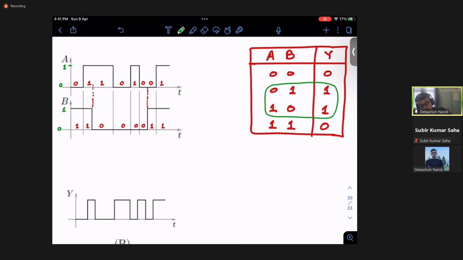It will be 1. And when both are 0 or both are 1, it will have 0. So the output will be 1, 0, 1, 0, 1, 0, 1, 0. I think you have seen how to go about it.